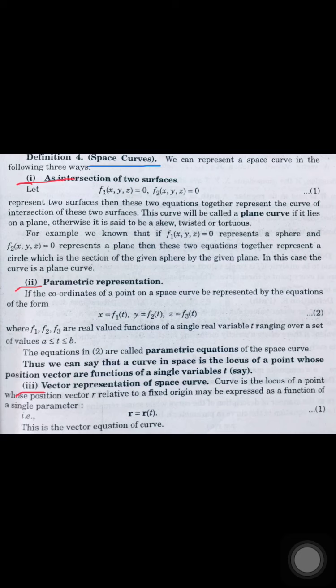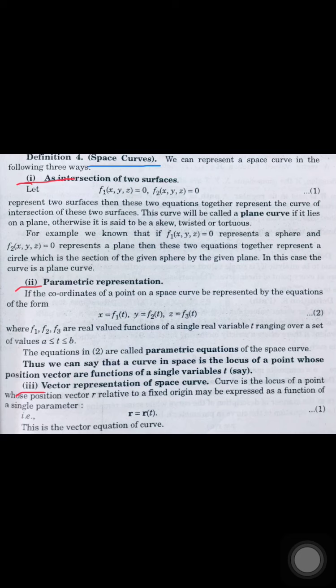Second form of space curve is the parametric representation. What do we take in parametric representation? We relate x, y and z with a single variable, that is t.